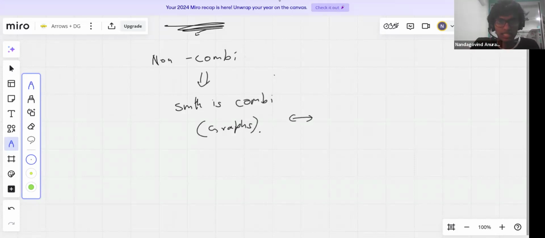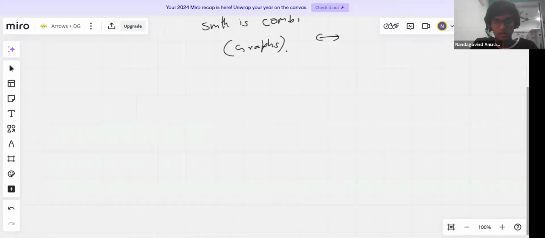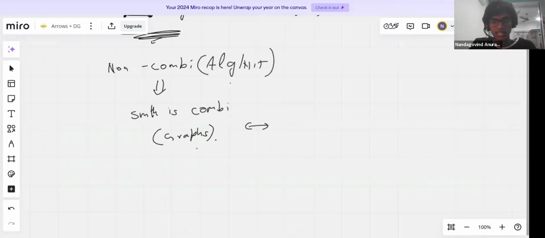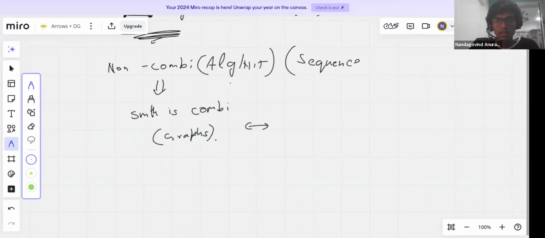Arrows is especially useful when you're dealing with algebra and number theory, because it tells you to look at certain sequences. So arrows are actually more useful in sequences of at most countably infinite elements.